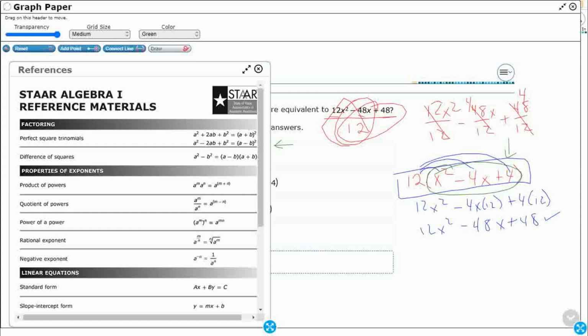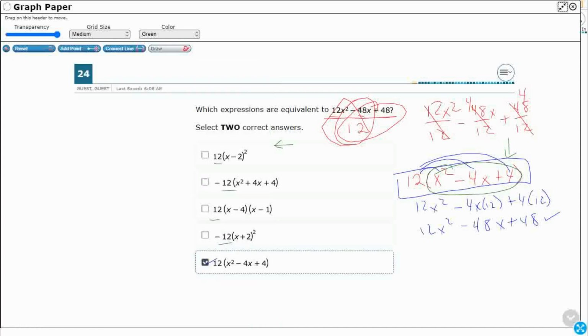So what happens if we do that a minus b squared? Well, a is just 1, and then that b squared is going to be 2 squared. Right? 4 makes 2 squared. So what happens if I do 12, and then I do x minus 2, x minus 2?